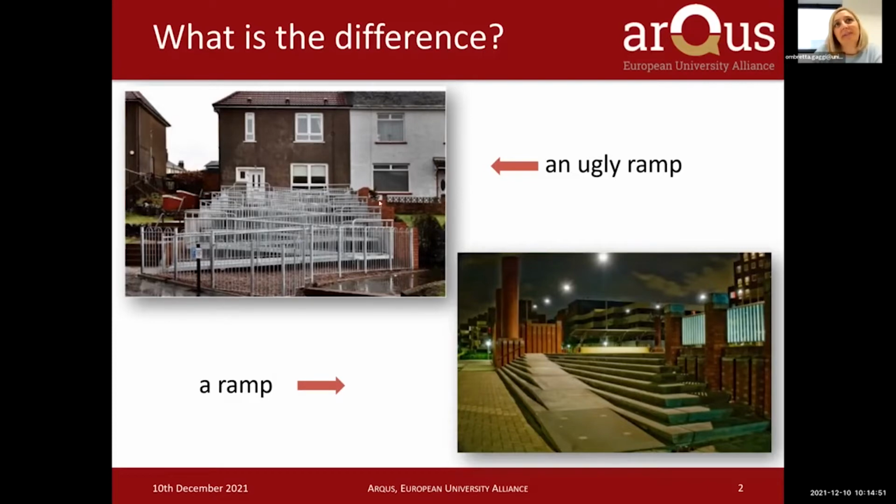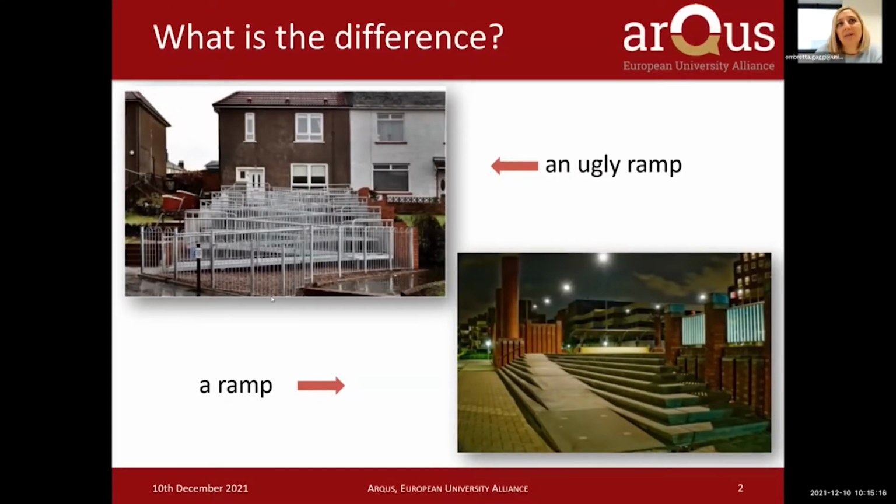So this is a very ugly button ramp, and the point is that probably this ramp was built and designed together with the building. In this case, the ramp was attached to the building at a second moment, when they realized that they had to fulfill rules about accessibility.